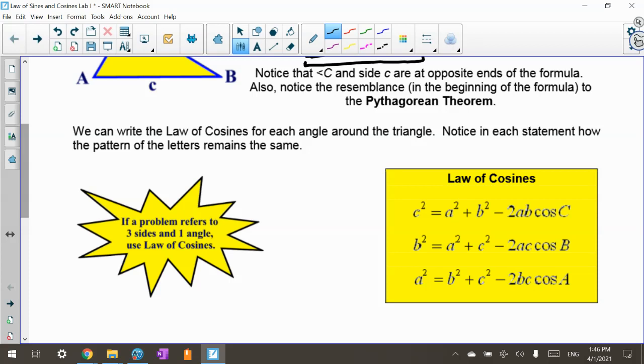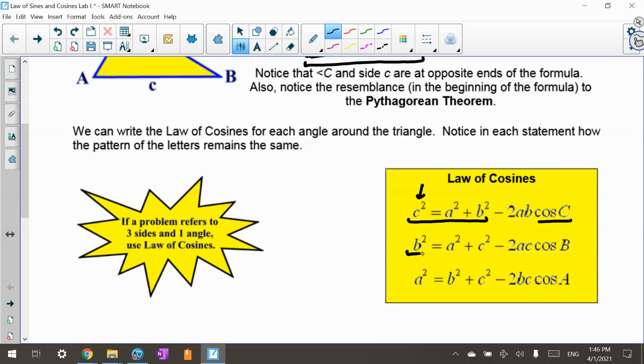So here's the pattern. If I'm looking for the side opposite, I have c squared equals a squared plus b squared, which looks like the Pythagorean theorem, minus 2ab, repeat the sides, cosine of the angle opposite the side you're looking for.